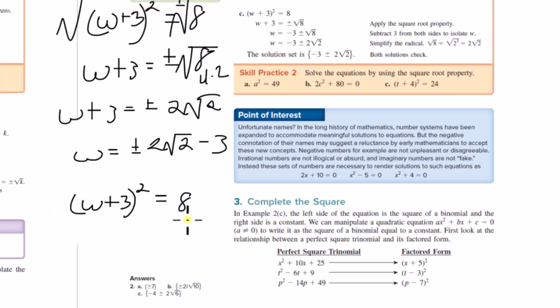Well, with completing the square, we can take any quadratic equation, ax squared plus bx plus c is equal to 0, where a is not 0, b is not 0, c is not 0. It's as complicated as it gets, and we can use completing the square to put that into a form just like this. At that point, we can solve that using the square root property. Okay, so how do we do this?